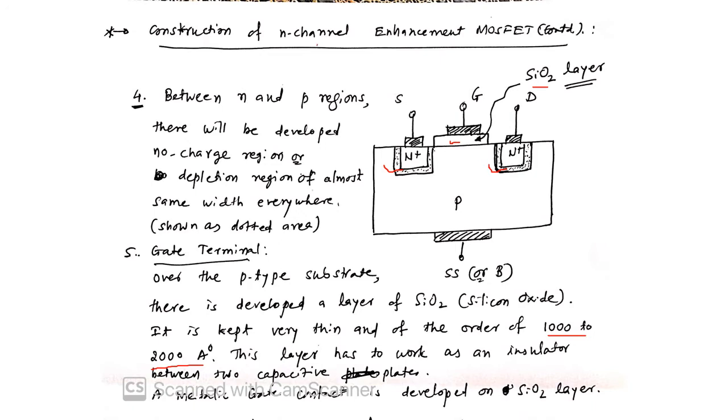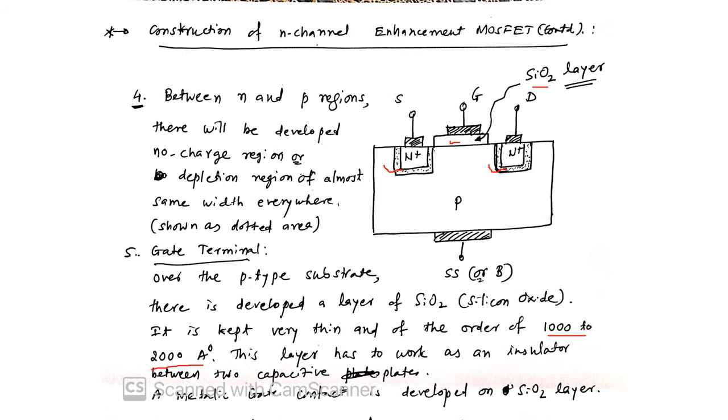Angstrom, you know, is 10 to the power minus 10 of a meter. So it will be of this order. That means it is a very thin layer of oxide. On it a metallic contact is developed. We call this the gate.